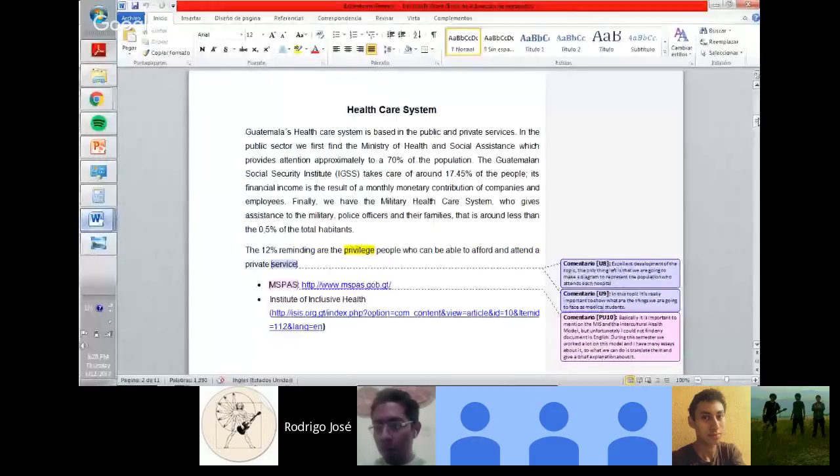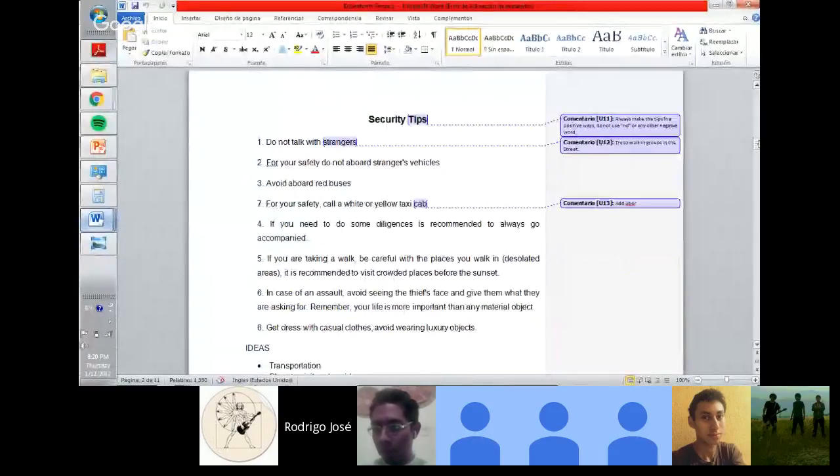Then security tips. What I found is that your proposals had a negative word in every sentence. What I propose is to try to make these tips in a positive way. So maybe not "do not talk with strangers," but if you're going to a strange place, please go with your friends.